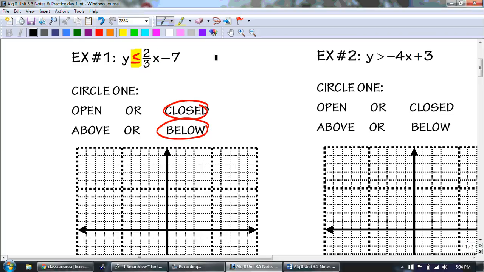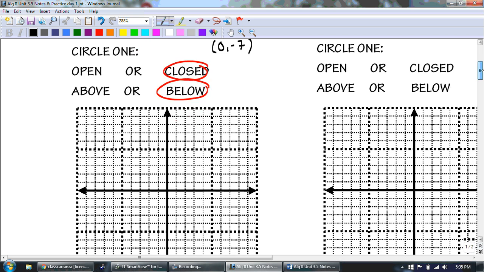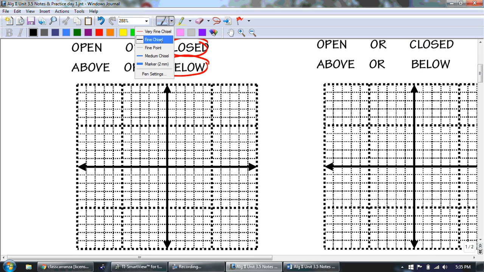The next thing we look at is our slope. Our slope is 2 over 3, which tells us we're going to go up 2, right 3, and our starting point is (0, -7). So we start at (0, -7), and then go up 2 over 3, up 2 over 3, up 2 over 3, down 2 over 3.